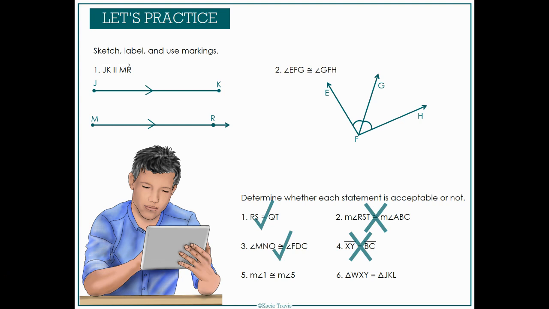But if you do, you're going to be off. Then underneath, we got the measure of angle 1 is congruent to the measure of angle 5. That is also not correct. This is the same pitfall that we had on number 2 here. If you're talking about measurements of angles, you want to use equals, not congruent. And then for our last one, that's also incorrect because this is talking about it is equal to that.